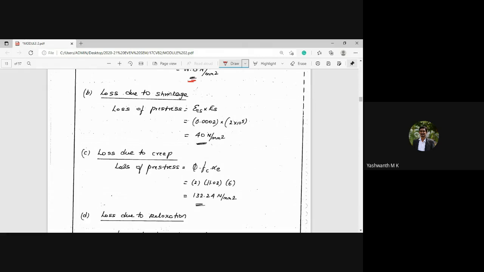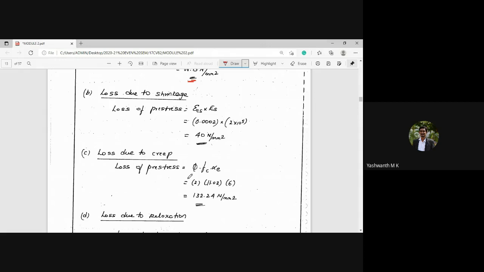Next, loss due to creep. Loss of prestress is equal to the creep coefficient. As I stated, when you calculate the loss of prestress due to creep, we need to observe which data has been given. In this particular problem, a creep coefficient has been given, hence we need to go with the creep coefficient formula. Otherwise, if the ultimate creep strain value is given, we need to go with the ultimate creep strain formula.